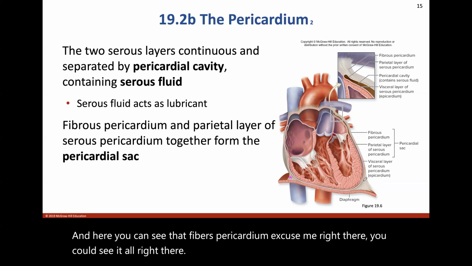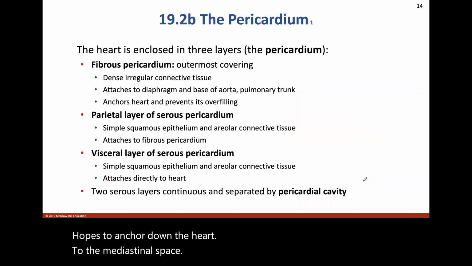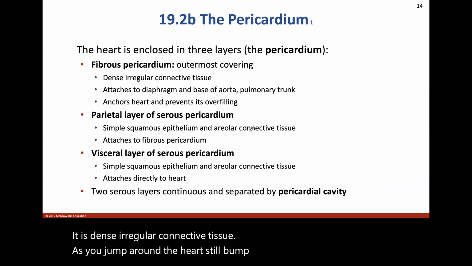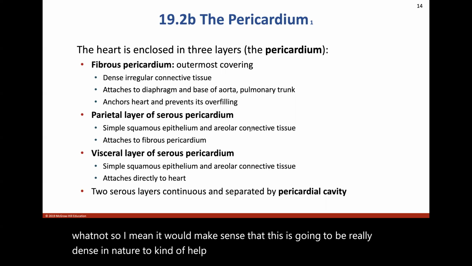Helps to anchor down the heart to the mediastinal space. It is dense, irregular connective tissue. As you jump around, the heart's still pumping and beating. So it would make sense that this is going to be really dense in nature to help really hold this thing in place as you go about your day.